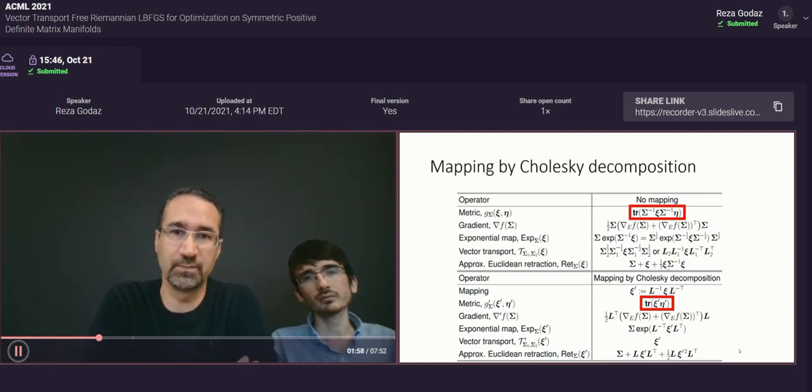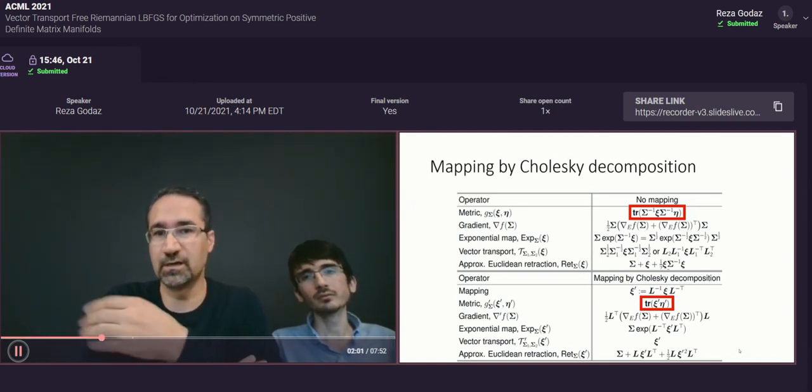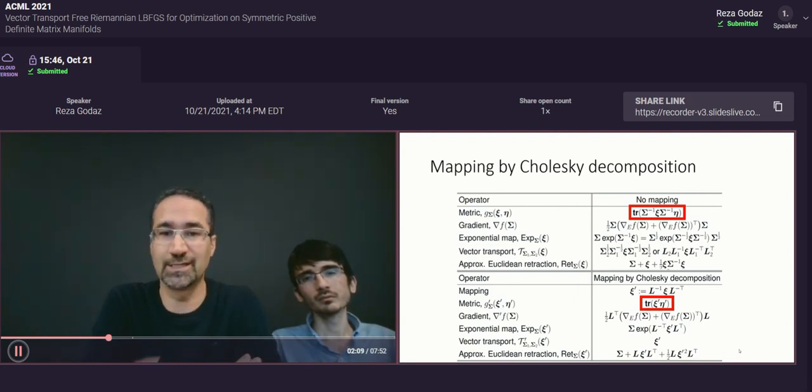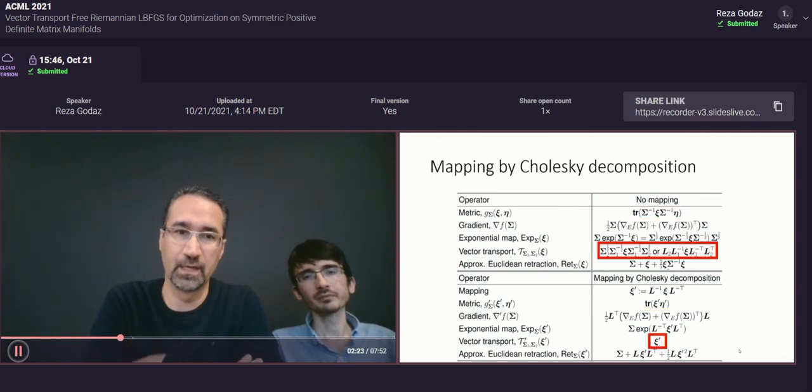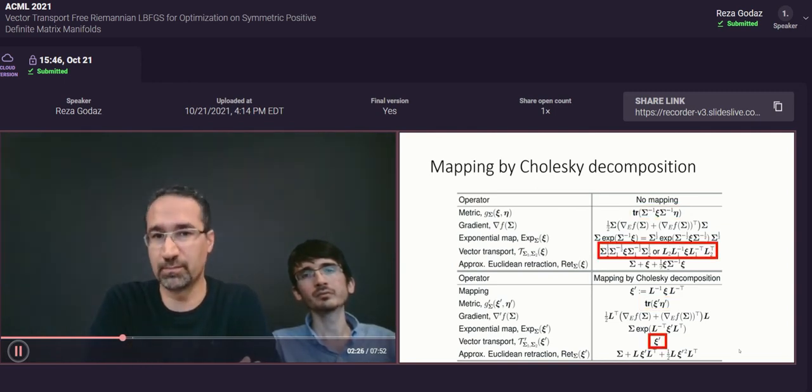Using this mapping, the Riemannian metric, as you can see here in the red rectangle at the top of the page, is changed to the Euclidean inner product, which is much simpler than the Riemannian metric in terms of time complexity and also complexity of the formula. And vector transport, which is a complex formula, is changed after our mapping to an identity operator that doesn't need any time to compute.